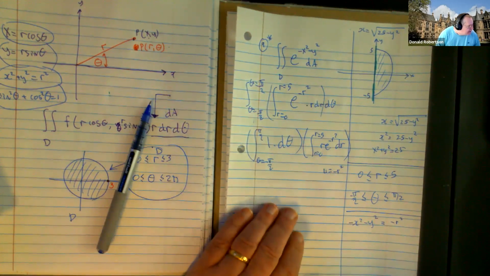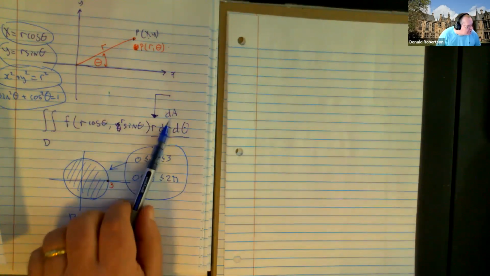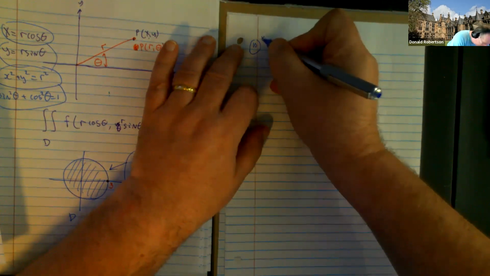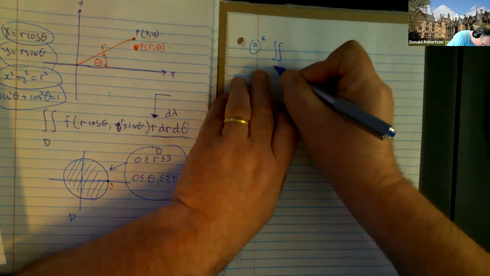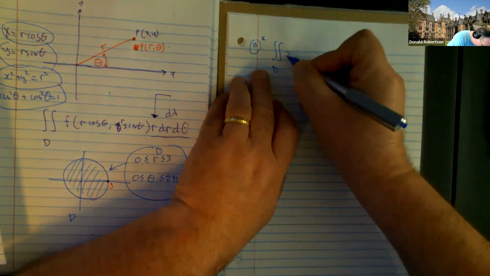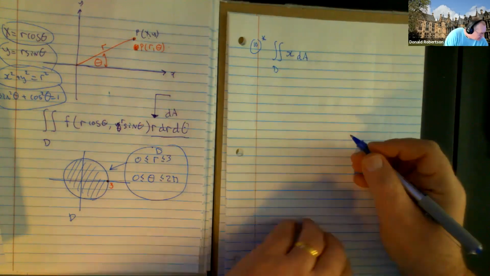Now, the next one we've got is a really messy, ugly one. We want to do an x dA. Nothing bad can happen here.